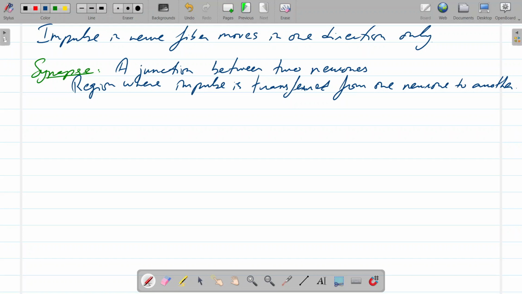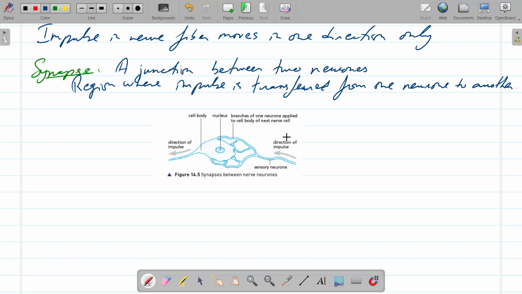Right, so what does the synapse look like? I'll just put the image up here, and then we can talk about it. Here's one image.